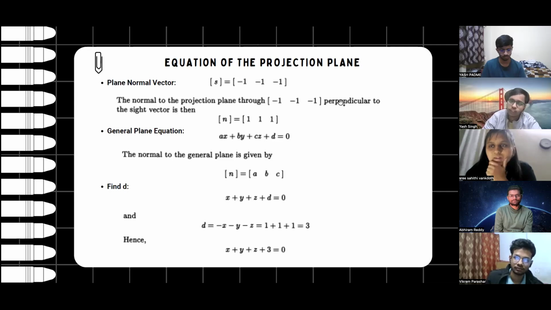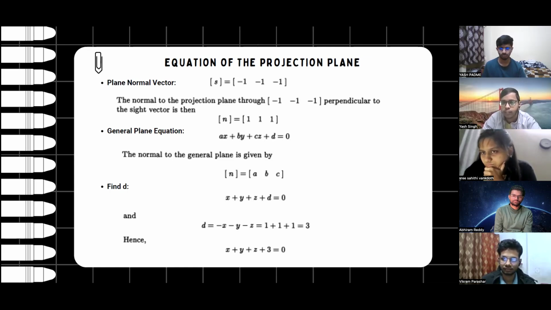So our first step is to calculate the equation of the perpendicular plane. First we have to find the normal vector. Our normal vector is just opposite to our side vector, which is 1, 1, 1. The general equation of a plane is ax plus by plus cz plus d is equal to 0. After putting the values of a, b, c from the normal vector, we get x plus y plus z plus d is equal to 0.